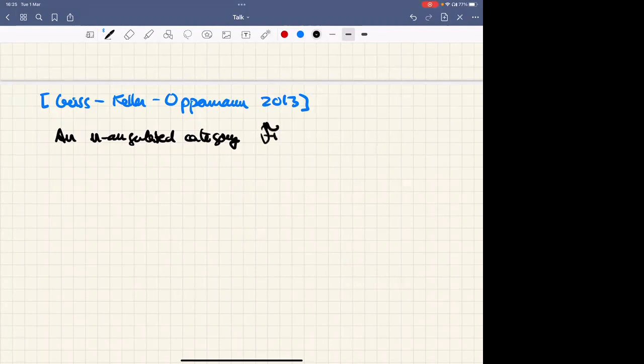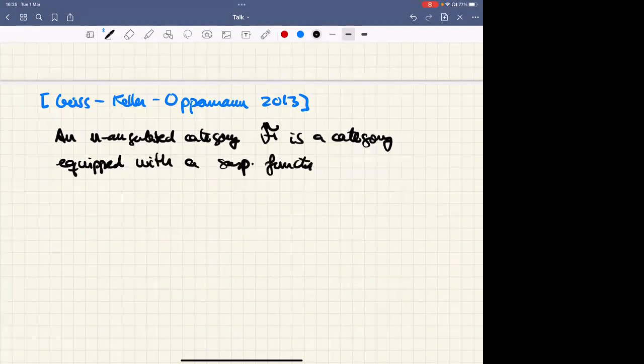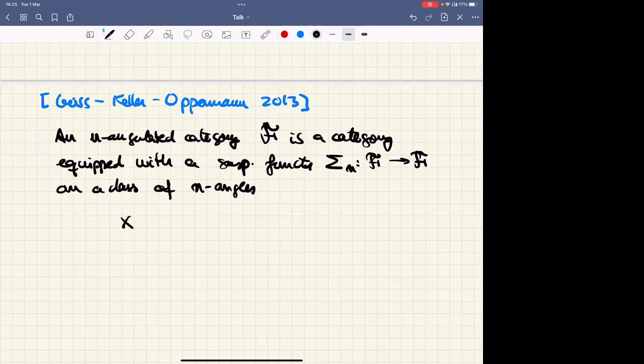We need a category equipped with a suspension functor, same as before, and a class of diagrams that we call n-angles. Although we should call them squares, pentagons, or whatever, right?